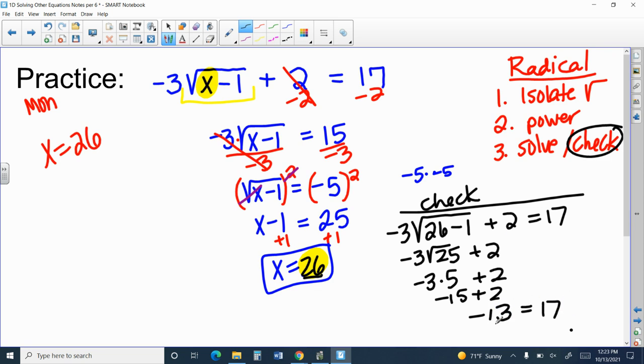And we have 17 on the right. Is that true? Is negative 13 equal to 17? No, not true, which means this doesn't work. It is extraneous. So when that happens and there's no other solution, that means if 26 isn't a solution, there is no solution.